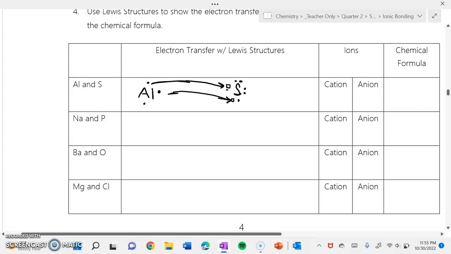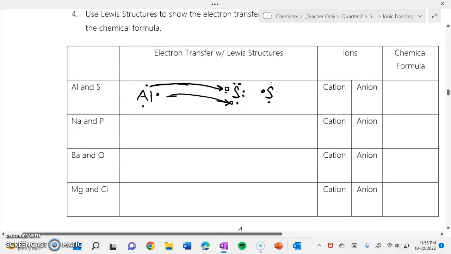So let's add another sulfur with its 6 valence electrons. Every sulfur has 6. And again, it has 2 open spots. I'm going to transfer an electron over, but now I still need my sulfur to be full.